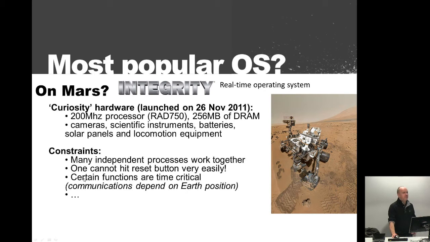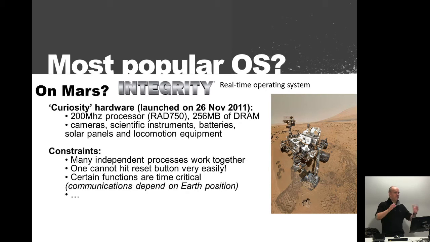So as we said, you cannot reset the button. I mean, now there are 2 robots on Mars, so maybe one could come back and press the button if needed. Functions are also time critical, okay? You can only communicate with Earth at certain times of the day.